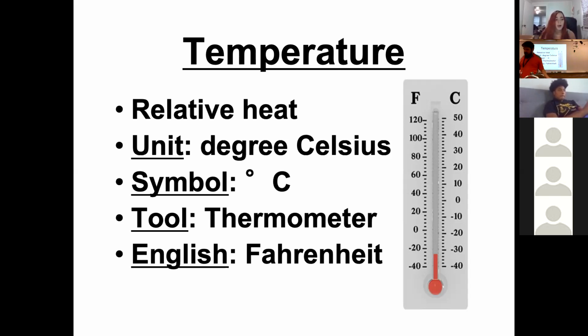If you watch the weather, they're probably not going to talk about how hot the temperature is in degrees Celsius. They're going to talk about it in degrees Fahrenheit. So this is one where we kind of have to use both. Degrees Celsius, little circle, big C; degrees Fahrenheit, little circle, big F.